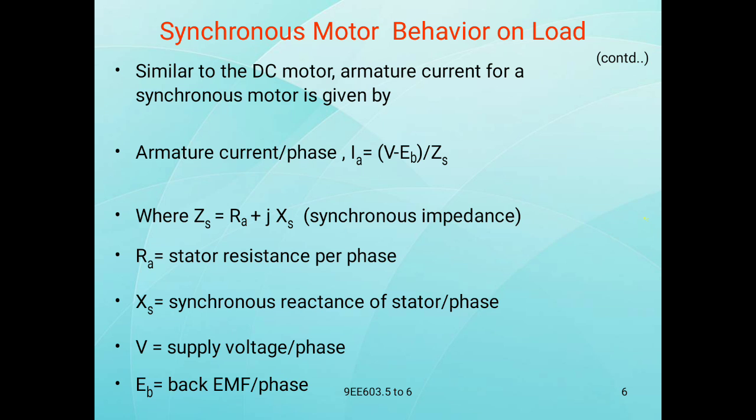Ra is the stator resistance per phase, Xs is the synchronous reactance of the stator per phase, V is the supply voltage per phase, and Eb is the back EMF per phase. These are all on a per phase basis.